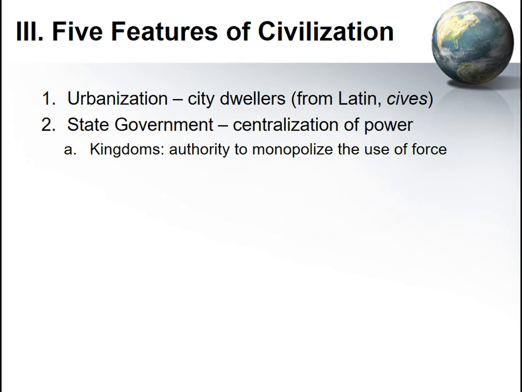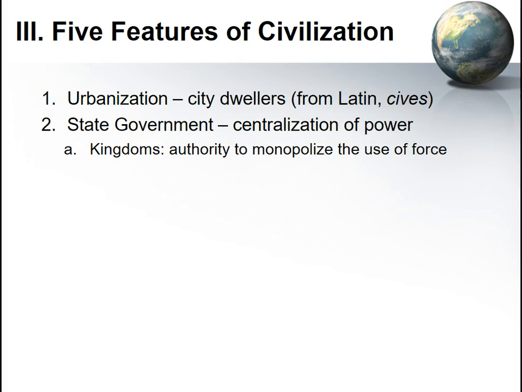But the difference is a chief has his power through charisma and reciprocity. Charisma, in other words, he gets people to follow him because they like him, they trust him, and one of the big ways they do that is reciprocity, by gifts. So the chief is building confidence in his leadership, and that's why people follow him.